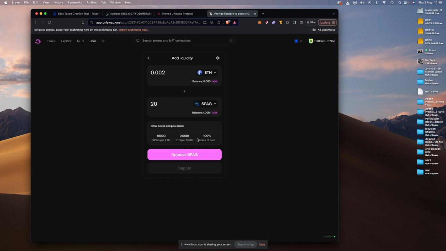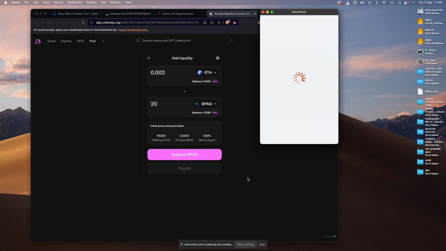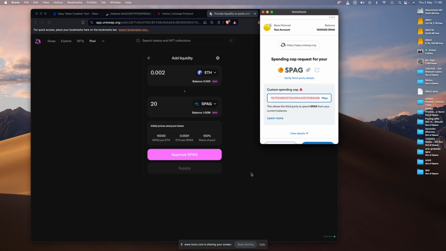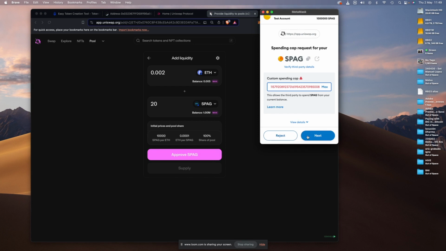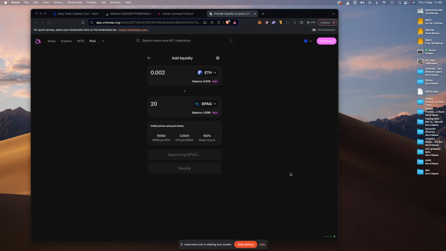So now I'm going to go ahead and approve the transaction. I'm going to approve the spend request on MetaMask. And click on supply.